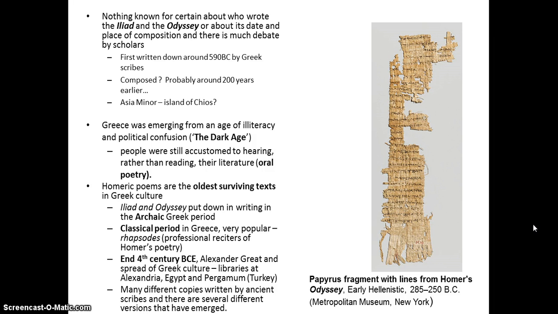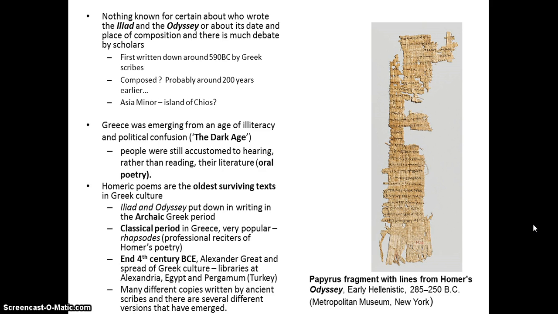And they believe that it was composed in the area of Asia Minor, which is modern-day Western Turkey. Some scholars believe that Homer, if he existed, came from the island of Chios. At this time, Asia Minor was a part of ancient Greece.